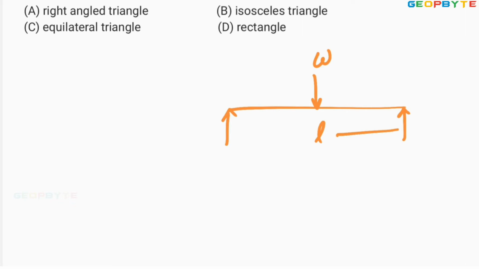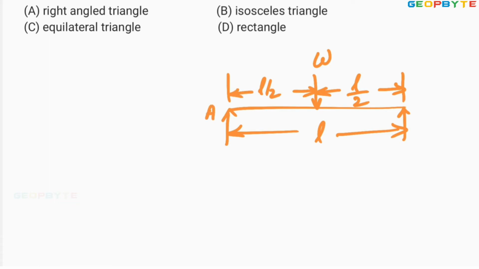This is the length L. It means this is L by 2 and this is also L by 2. Let this be A, where the bending moment at A is 0. This is B, where the bending moment at B is 0.